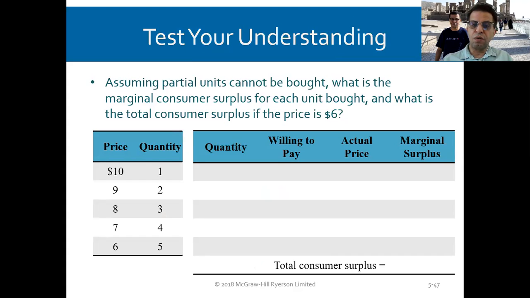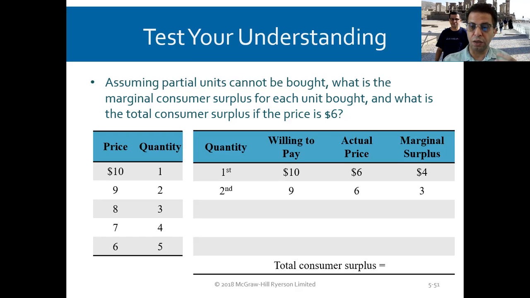Now, assuming a partial unit cannot be bought, what is the marginal consumer surplus for each unit bought, and what is the total consumer surplus? Same graph: at one quantity you're willing to pay $10, and the actual price is $6. So you are happier because you saved $4. For the second one, you're willing to pay $9, but the actual price is still $6.